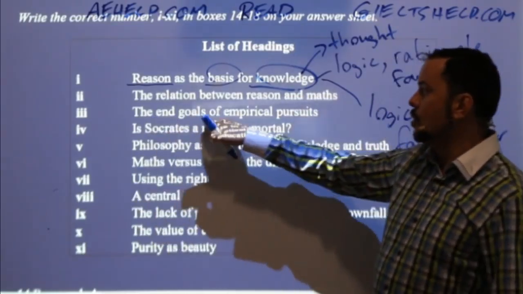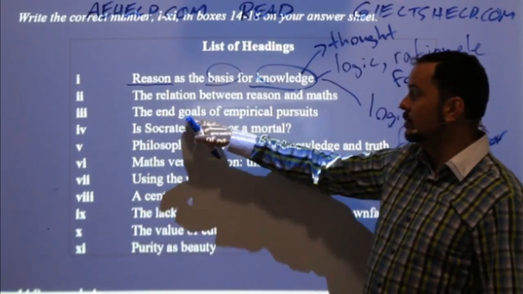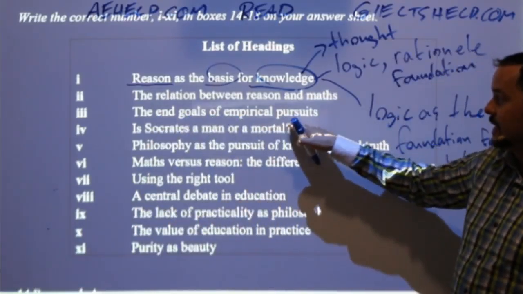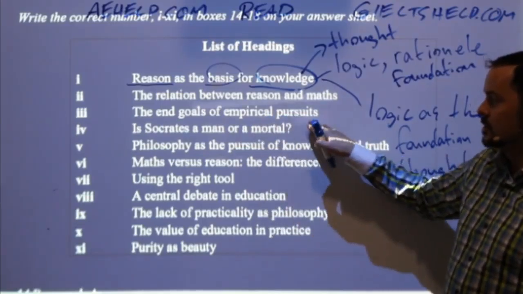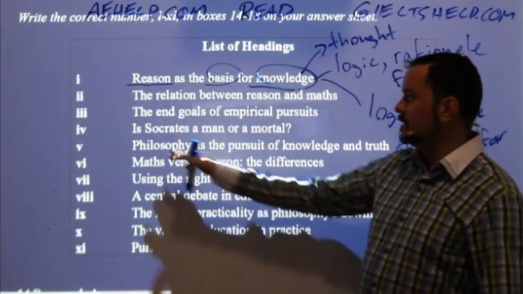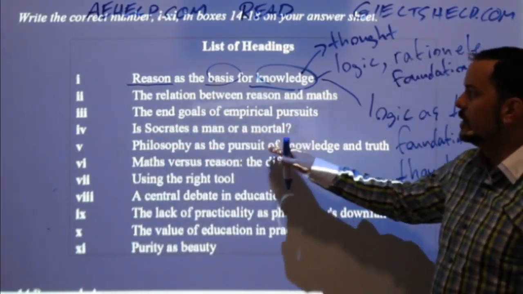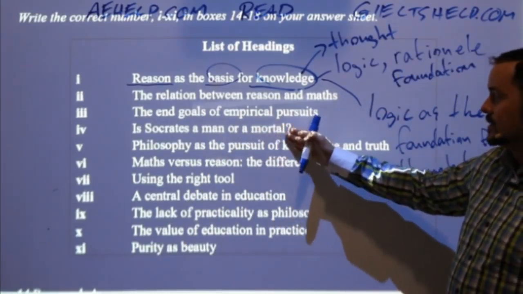The end goals of empirical pursuits, the final goal of the scientific method or the scientific quest. Empirical pursuit means scientific quest, okay? Is Socrates man or immortal? Is Socrates a man or a person that can die?